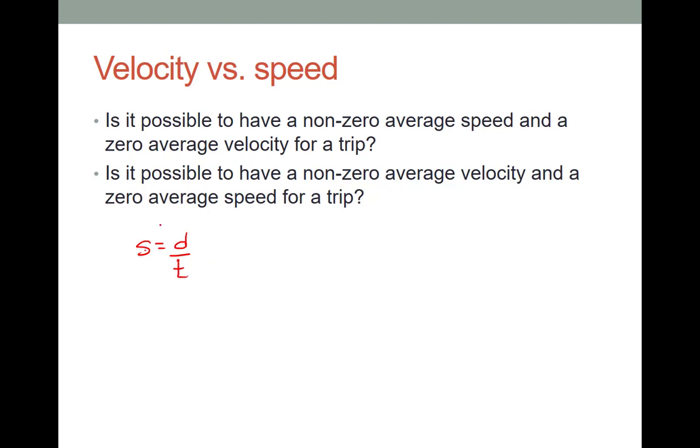If this is going to be non-zero, it has to be greater than 0 because it's a scalar. In order for our speed to be non-zero, that means we have to have gone somewhere. We have to have moved some distance.